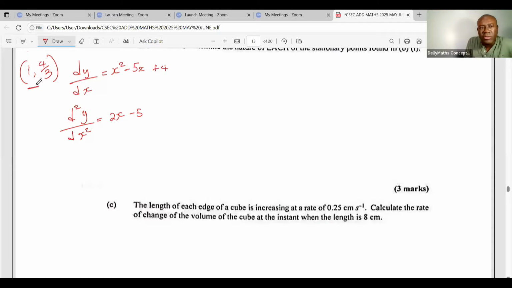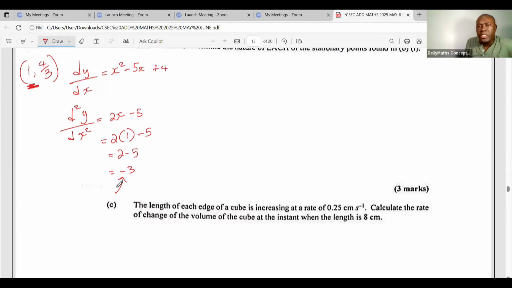What we're going to do is to substitute the x values here to see what we get, right? So let us substitute our x value here. So 2 times 1 for our x value here. And then what are we looking at? We're looking at 2 minus 5. This is a negative 3. The key thing here is that this is negative, right?